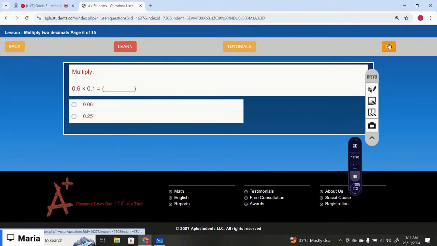The next one is 0.6 times 0.1, which is the correct option.